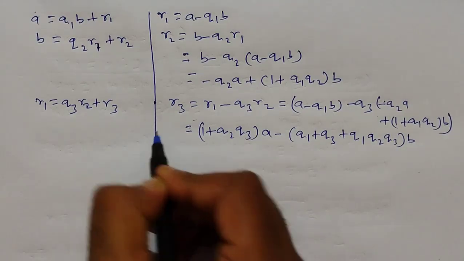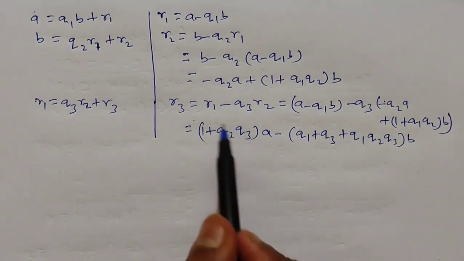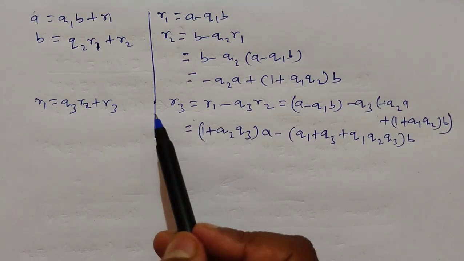So this is the expansion of the Euclidean algorithm for the remainder, quotient, dividend and divisor.